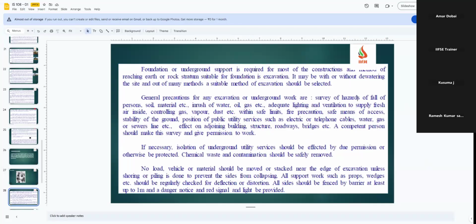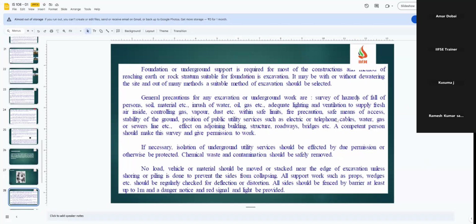So we are talking about the general precautions. As we have seen, we have to survey the site for the identification of all the utilities which are going through the site which we are planning for excavation.